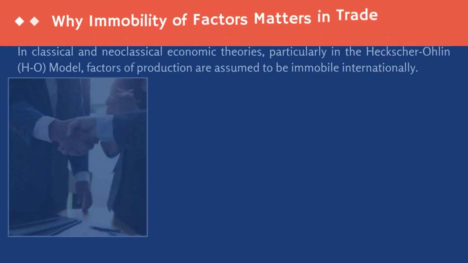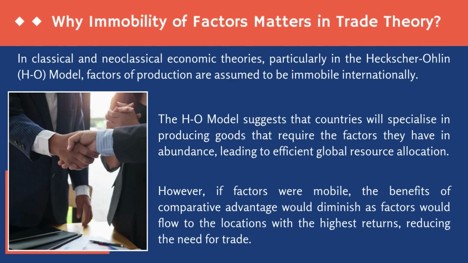So that is why we need to discuss the immobility of factors of production in international trade on a separate platform. That is why it is considered a distinct feature of international trade, which we will discuss in this lecture.